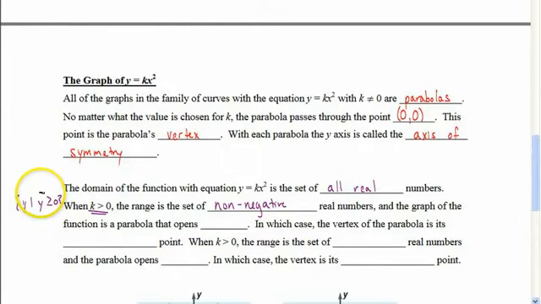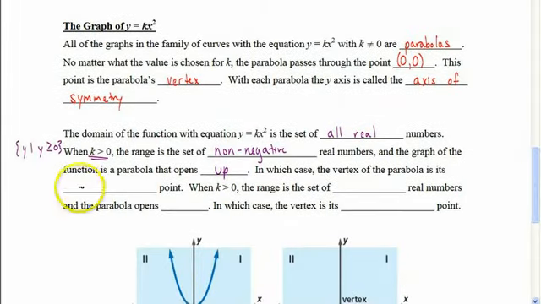Now in this case, when k is greater than 0, when k is positive, the graph opens upwards. And in that case, the vertex is what we would call the minimum point. Now when k is less than 0, the range is going to be the set of non-positive real numbers, because remember the parabola in this case was opening down.